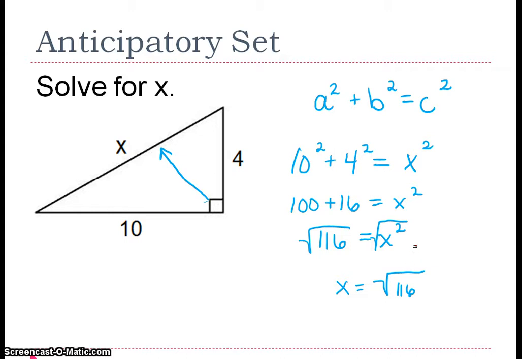So in your calculator, you'll hit second and then the square root button, enter 116, and you get like 10.77 or 10.8. So x is approximately equal to 10.77. Alright, so we might use this today. I'm going to give you a couple different options for the distance formula, but this is one option that I tend to use a lot.